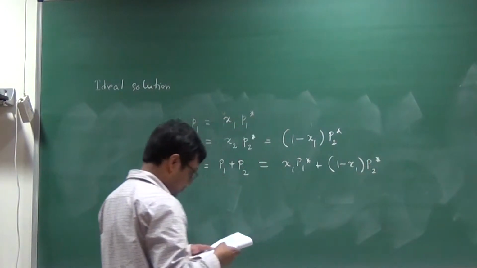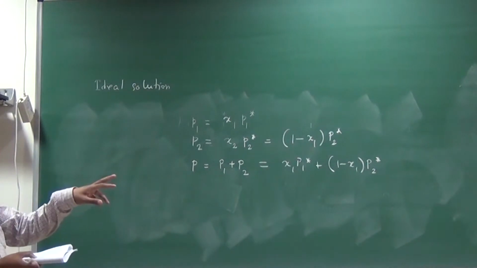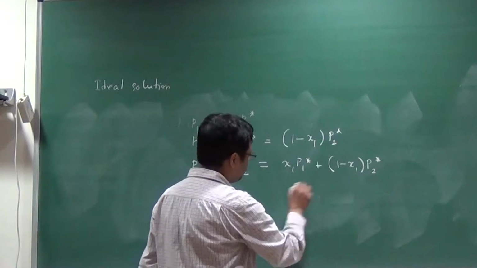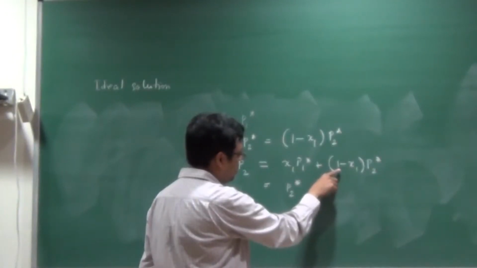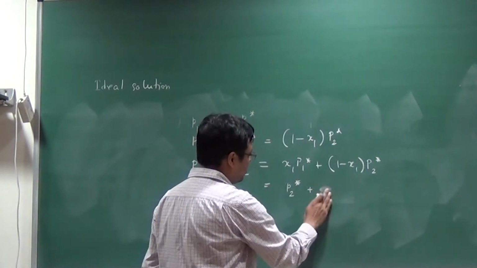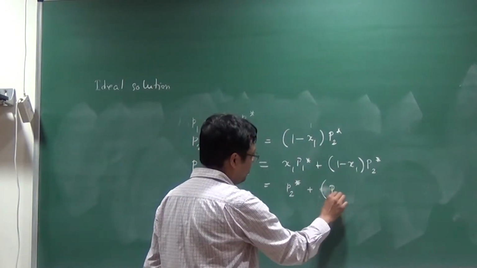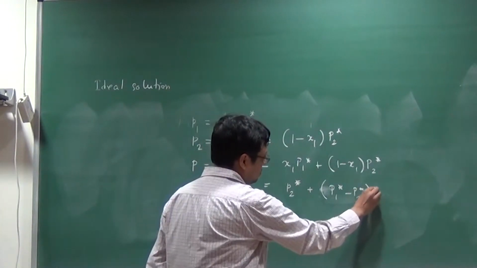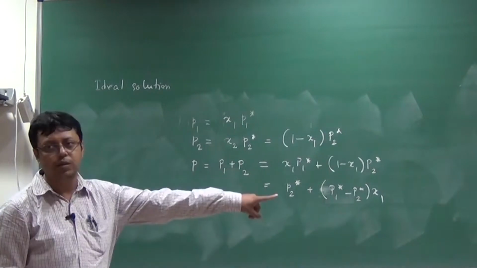Clear? You can rearrange it and write it as p2 star, and then I can take x1 common, and I'll have p1 star minus p2 star. Right? Fine. So I have a relation of p with x1.